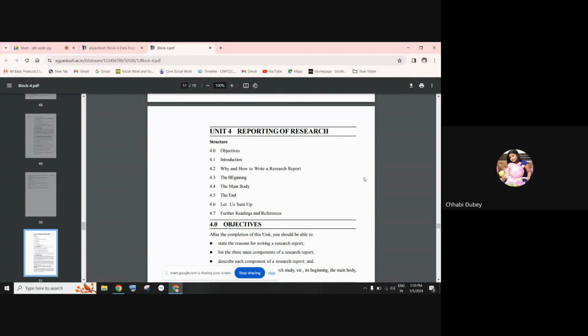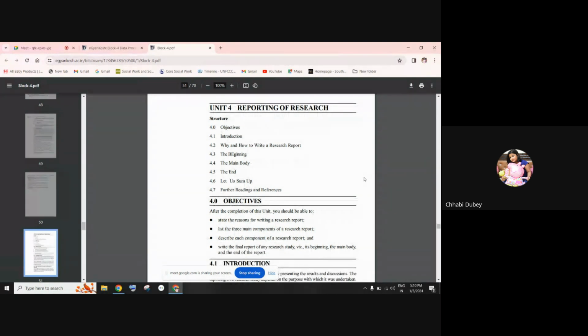This is the report which is going to be presented before either the research committee, or it will finally be submitted with all the work that has been there. So it is very important that the research report is written with a great deal of precision and clarity, and that we are able to present the facts of the research clearly through our report.